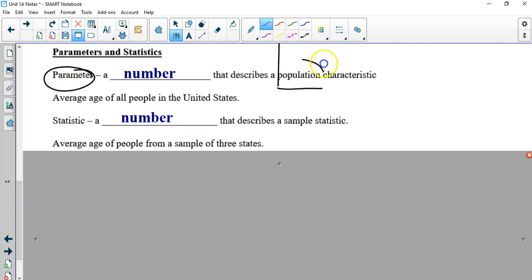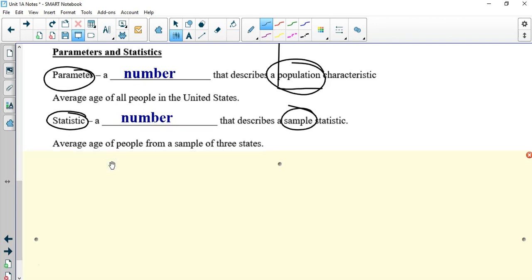Parameter, population. Notice they both start with a P. So a parameter describes a population, like the average age of all people in the U.S. A statistic is a number that describes a sample. So again, luckily, they both start with S. A statistic looks at the sample, a parameter looks at the population.